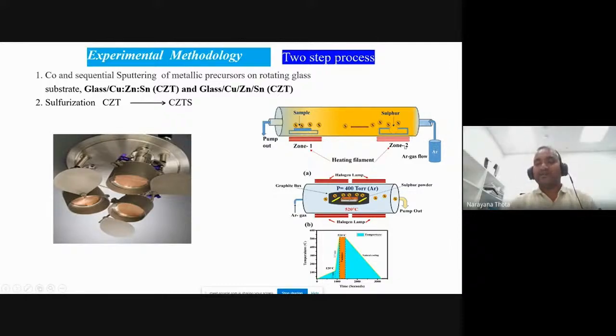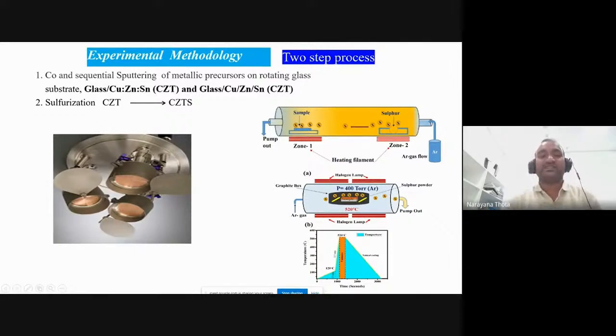We pass the carrier gas, argon or nitrogen. The sulfur will be evaporated and moves to the sample, where it reacts with this material and forms our required compound, the CZTS thin film. We did this in two ways. One is in the open atmosphere, which means the argon is continuously flowing through the tube. The other is where we created a vacuum, inserted the argon and sealed the tube. So this is the closed atmosphere.